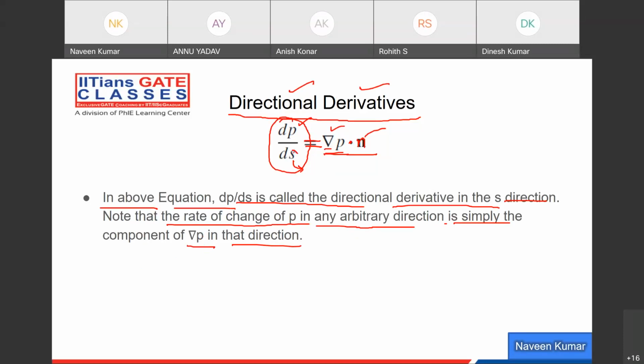Okay, dp by ds: you have to find this del p in whatever direction you want the derivative. This will work like a derivative, and by applying the direction you will get the directional derivative.